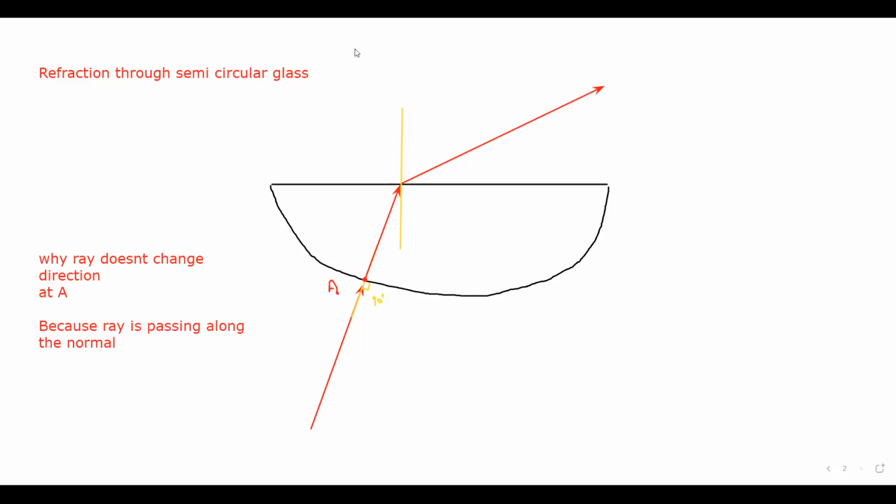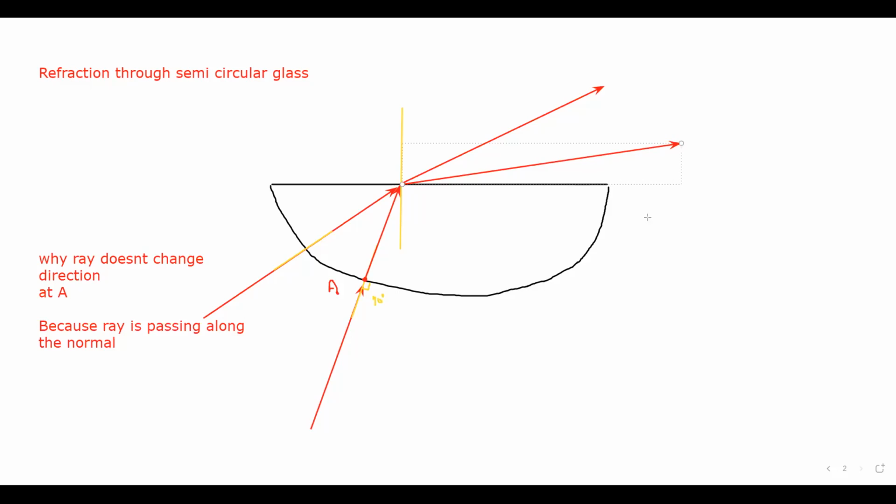If it enters from any direction, it will pass straight. Why will it pass straight? Because at every position, the ray is passing along the normal at a circular edge. That's why it will pass straight. But once it strikes the glass to air boundary, refraction will occur and it will bend away from the normal. Is it clear?